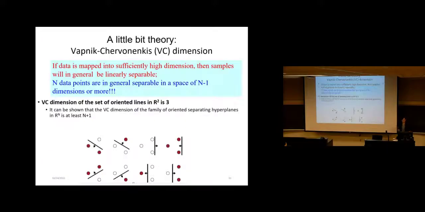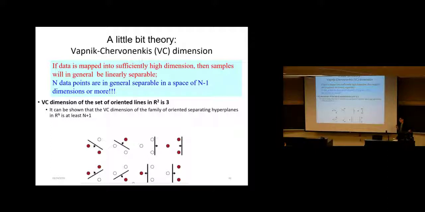Okay, all right. So a little bit of theory. Why do I want to map to a higher dimensional space? Let's look at when there are 3 points in your training data. When you have 3 points in your training data, you can separate them in R2 space.